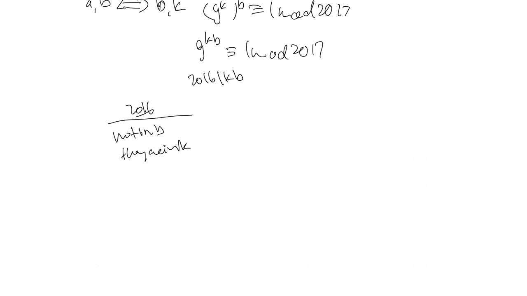If we assume b is a constant, then k has to be divisible by 2016 over the GCD of b and 2016.